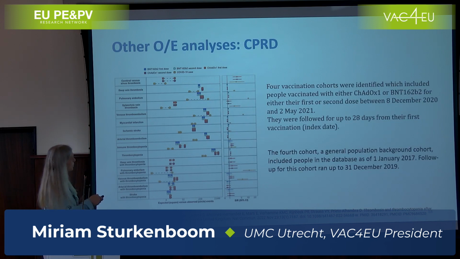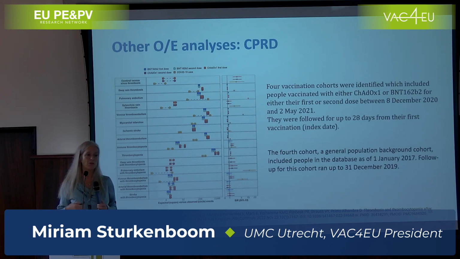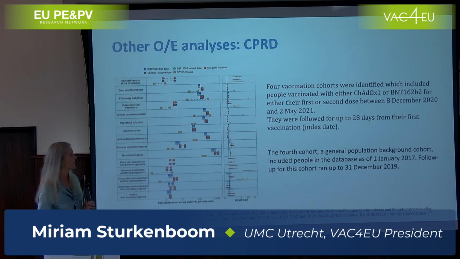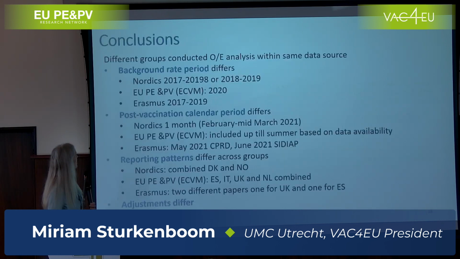You see the orange one, which is these rates after COVID itself, also increased. So COVID itself also increases these events, which is important if we do evaluation studies, because you need to control for that.